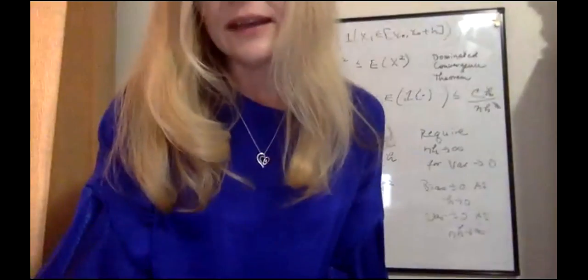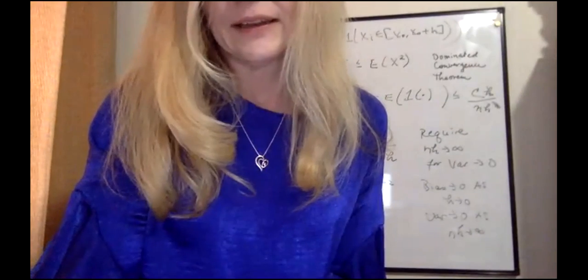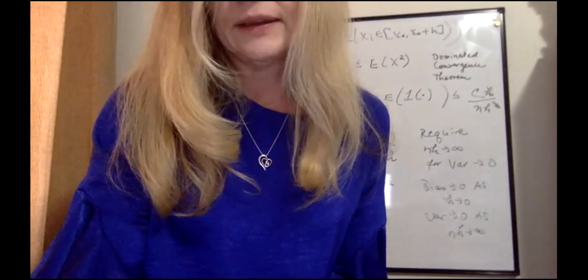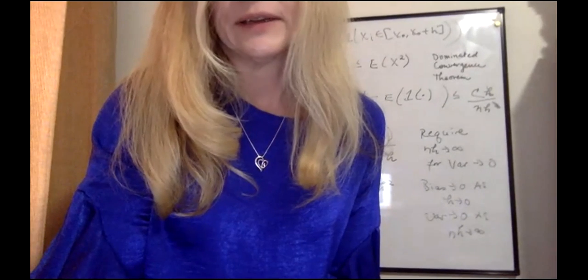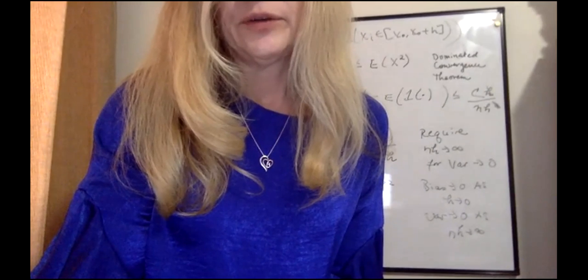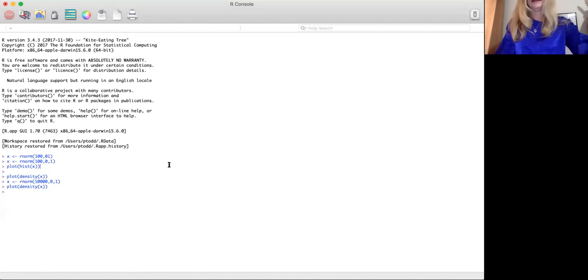Okay, and then the other thing I wanted to show you, let me try to share the screen, on the R console. Okay, so let's generate some data. I did it for two different sample sizes. So let's just do rnorm.